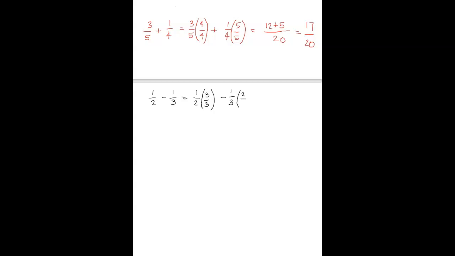Because I still need to get to that 6th, all right? I need that to become a 6th in the denominator. So here I'm going to have a 3, right? Because 1 times 3 is 3, minus 1 times 2 is a 2, and then that's going to be all over 6. So that's going to get me a 1 over 6.